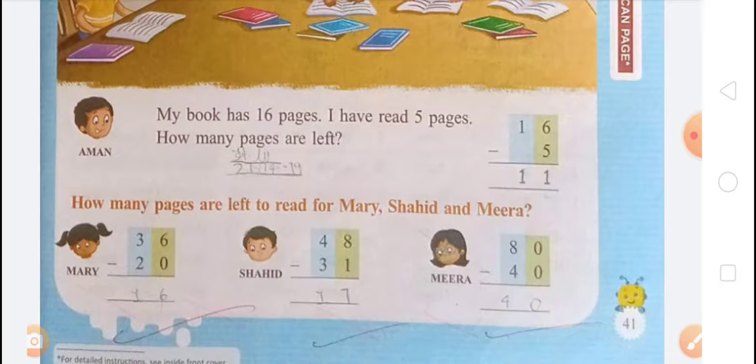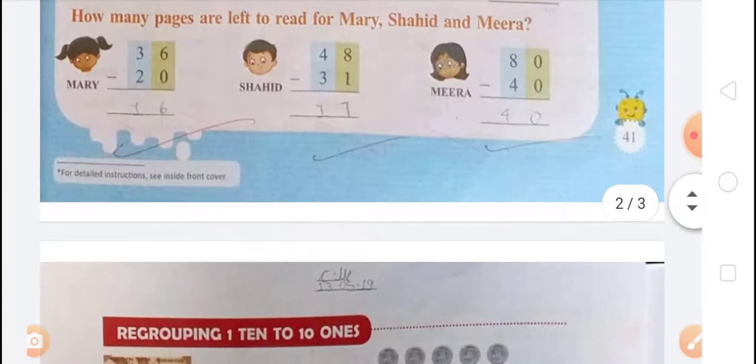We have to subtract: 80 is the total number of pages and 40 is the number of pages Meera has read. So 80 minus 40: 0 minus 0 is 0, 8 minus 4 is 4. That is 40. So Meera has 40 pages left to read.